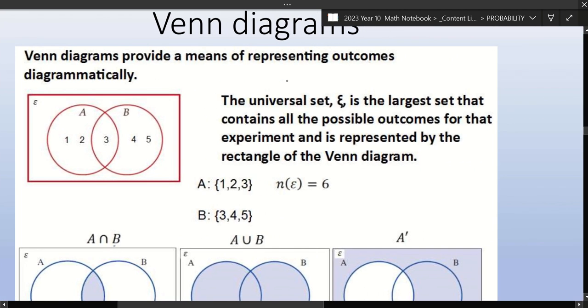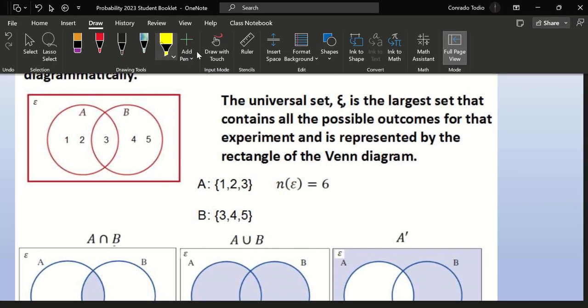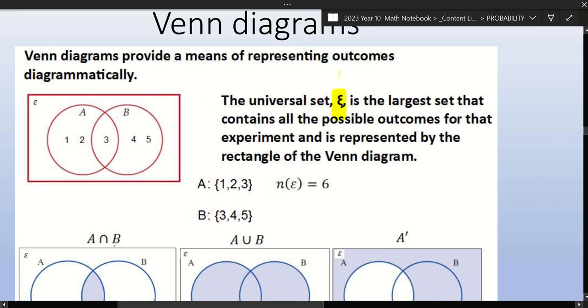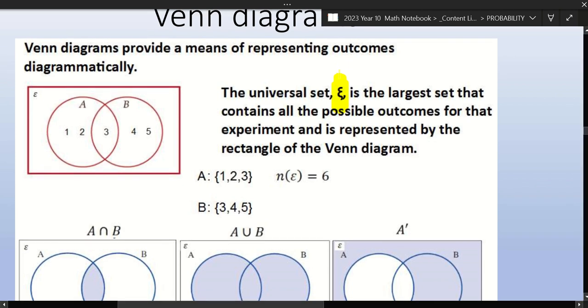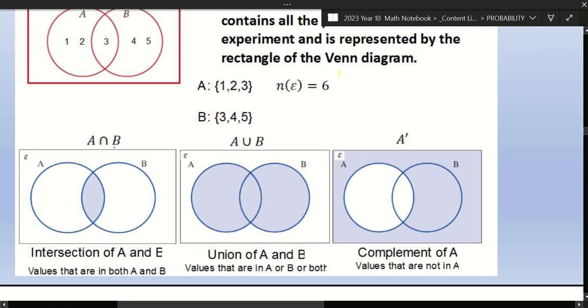Now, you'll see this symbol as well. So I'm going to highlight this. This here, little backwards 3 symbol, just means universal. So what that means is when you add them all together, that's how many of those numbers there are. Okay? Adding them all together represents how many numbers there are. That's what that means, and I'll get into that shortly.